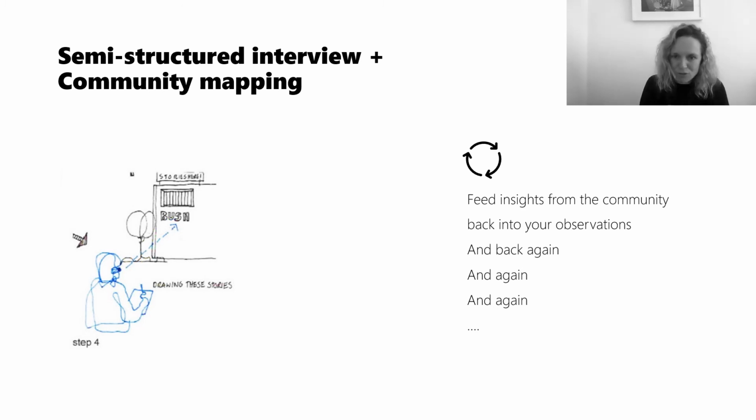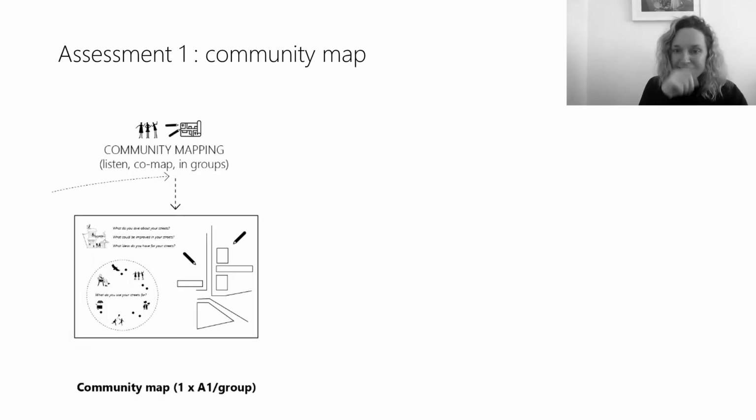And we follow this loop, this feedback loop, it's often called, again and again, until we come to a consensus about what the next steps are, what the plan of action is. And so we're trying to emulate that in this course in a shorter period of time. And this all comes out in your assessment in the community mapping page. So you'll just submit exactly what has come from the community interviews and mapping that you've done.